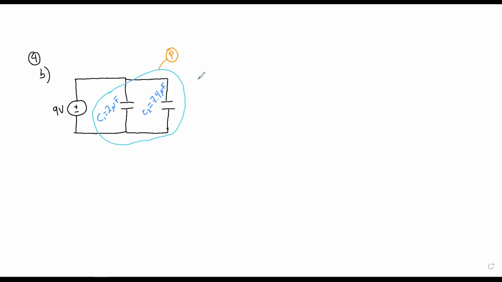This is going to give us an equivalent circuit where we've still got the 9-volt battery. And there's going to be an equivalent or total capacitance here that I'm going to call C12.